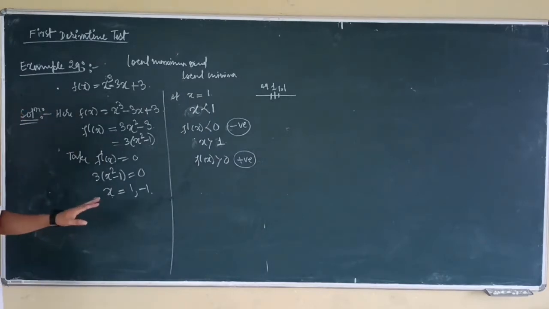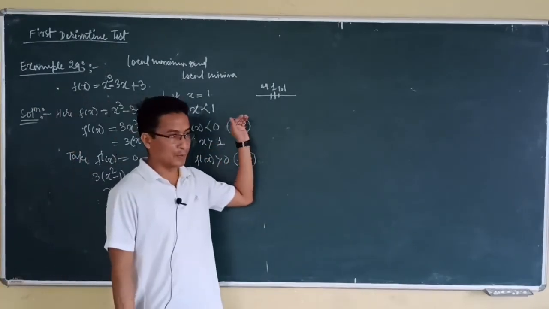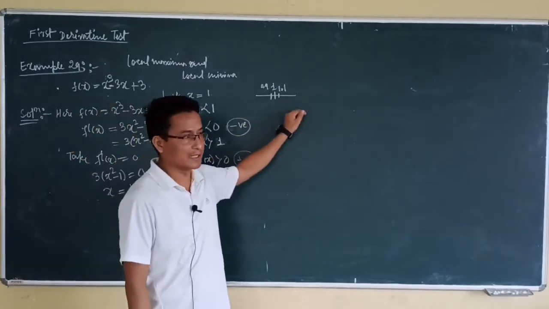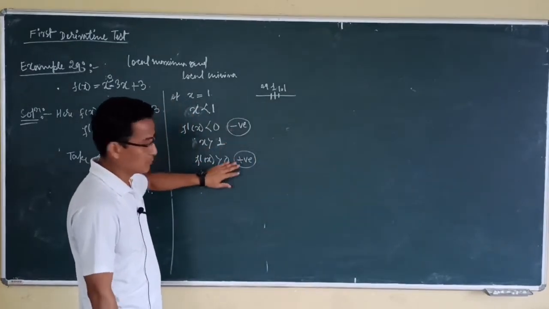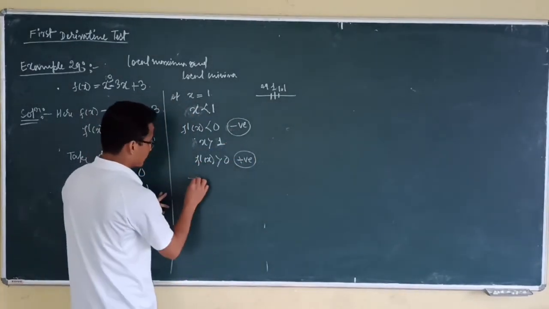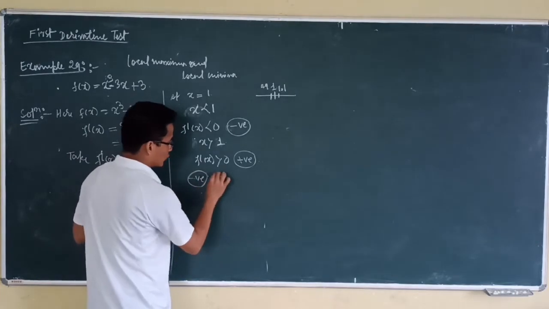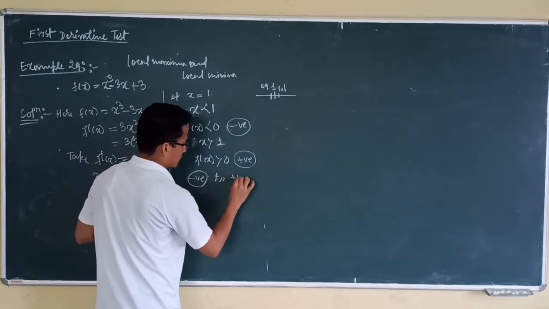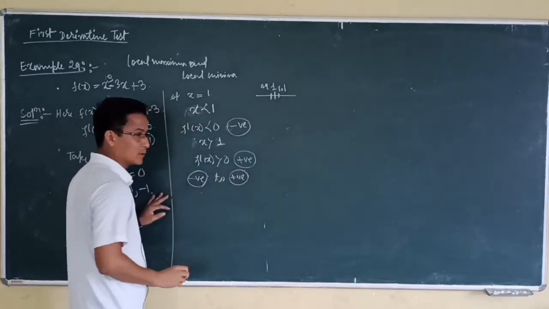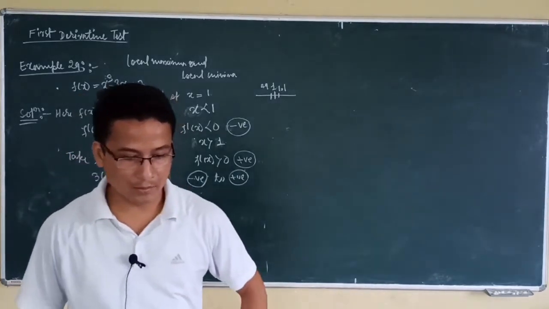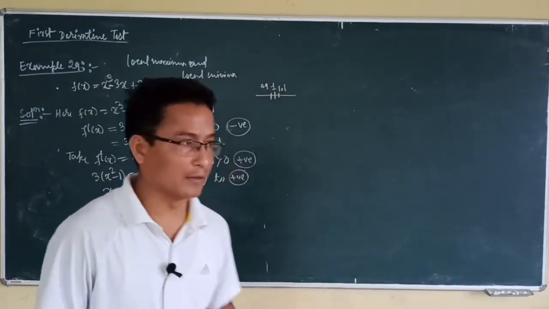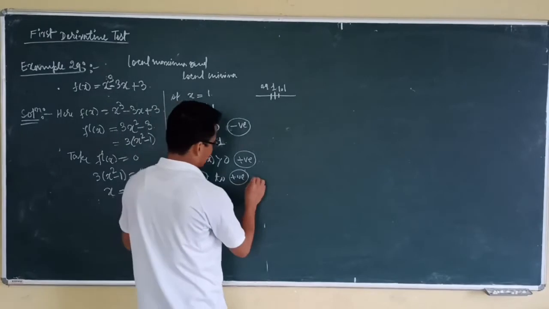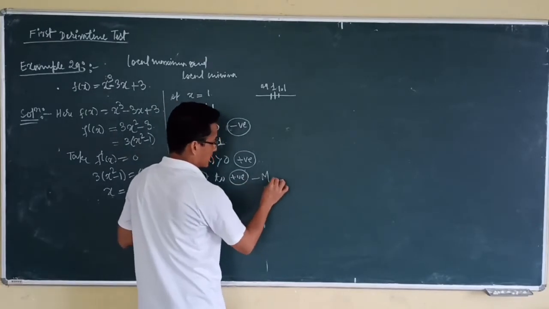Now if you travel from left to right, you get negative to positive. Then at the point 1 you will get a minimum value.